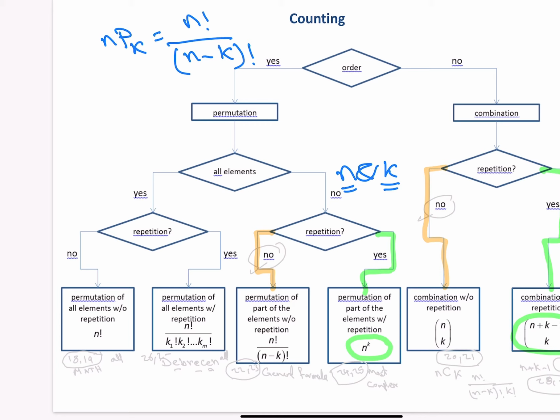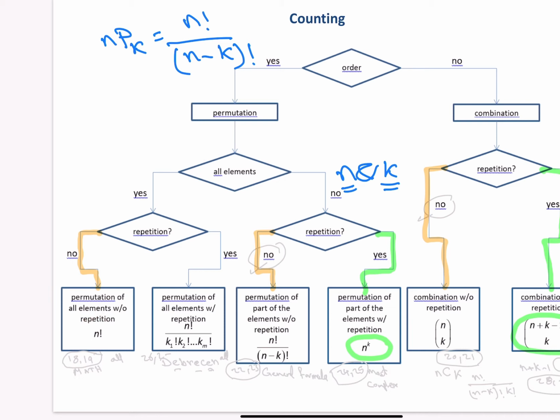So in all these branches where repetition is no, you will find the easiest way, the same one which we have studied. We say we are using all the elements by default, with no repetition. The repetition is the exception.